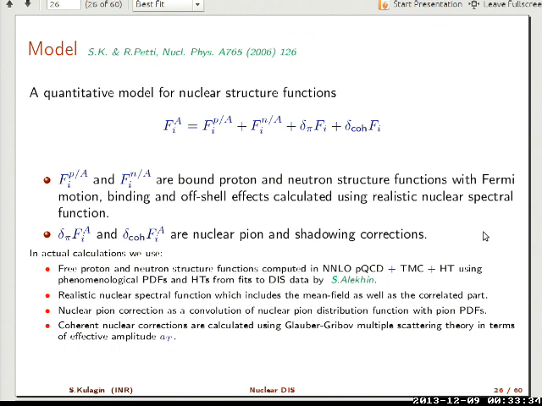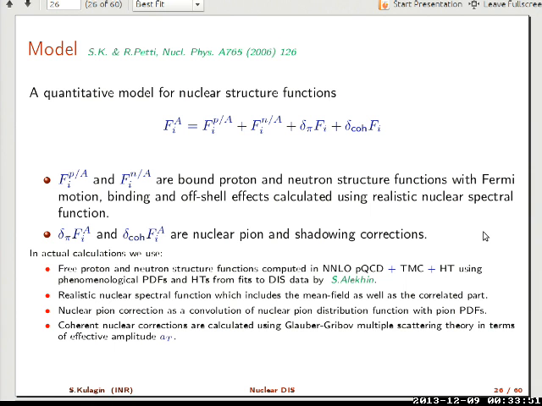So let me briefly sketch what I'm going to do with the model. So this is basically three different contributions to structure functions.